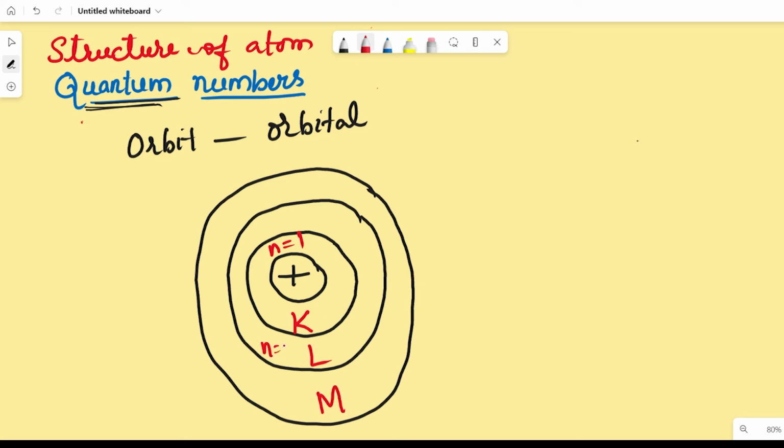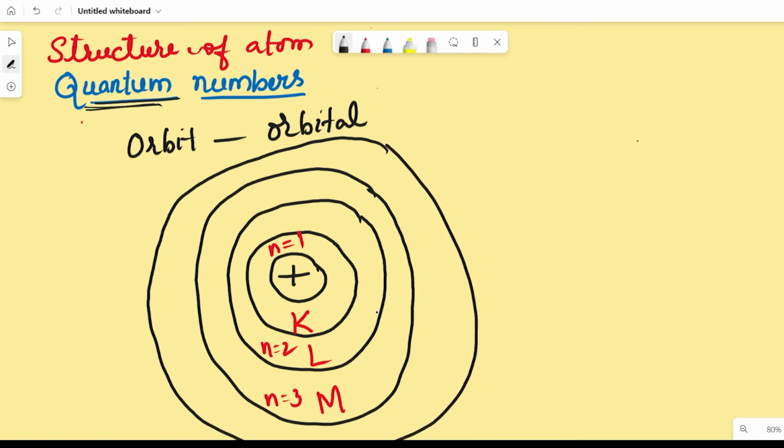So here n equals 2, n equals 3, and this is the fourth shell, n equals 4. So here orbit means the path of an electron where it revolves around the nucleus, which means this is the path for the electron to revolve around the nucleus.